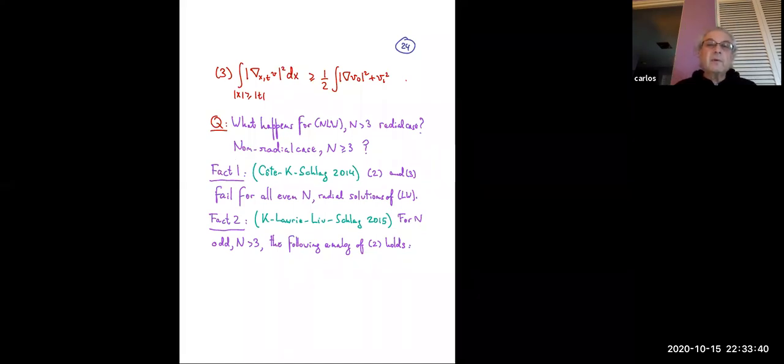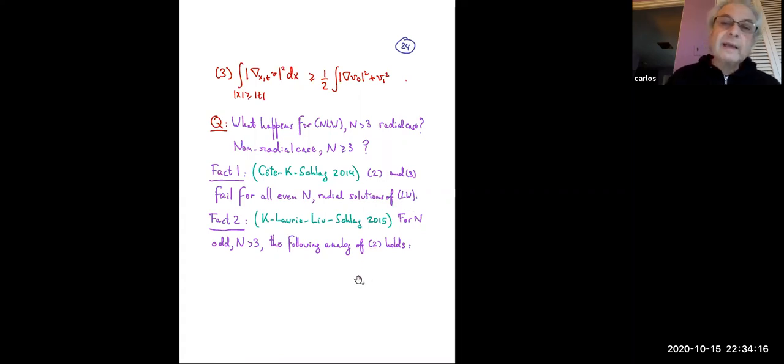The rest of the story has to be preceded by a few facts that tell you why these two questions are hard. The first fact, which was found in a paper with Raphael Koth and Wilhelm Schlag, is that these outer energy lower bounds have limitations. They fail for all even dimensions, even in the radial case.